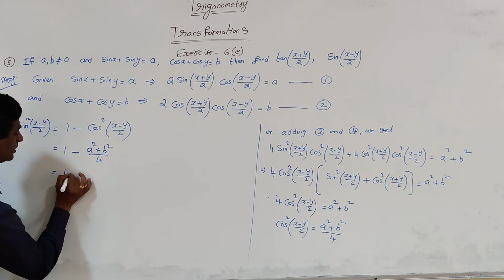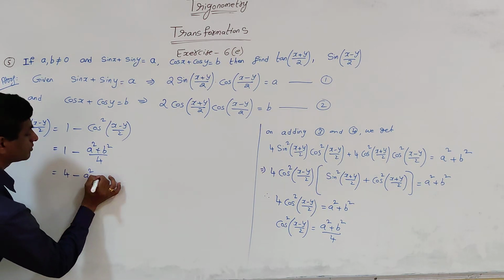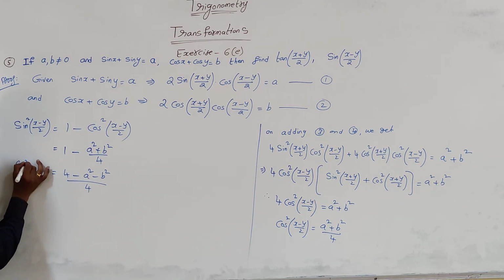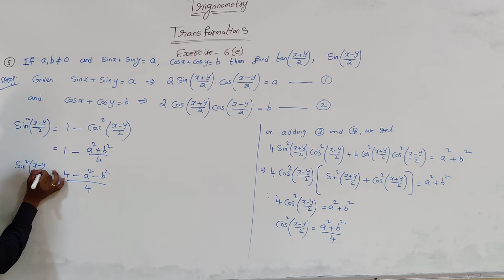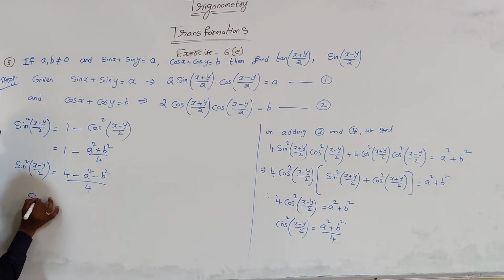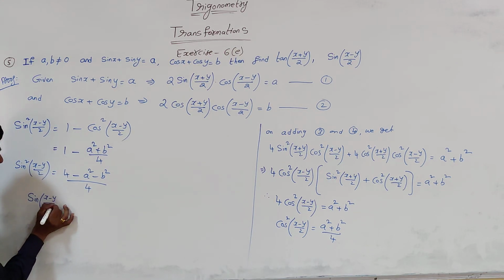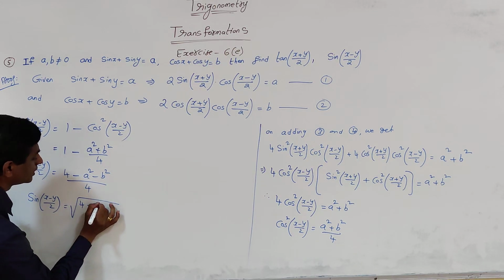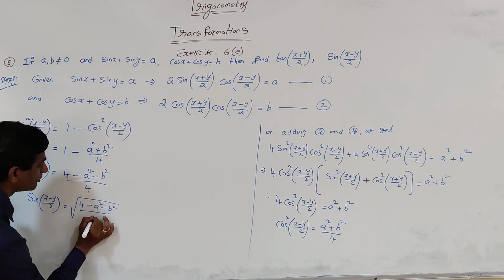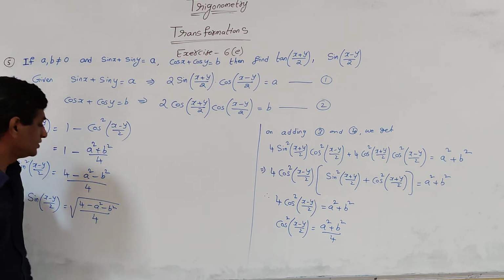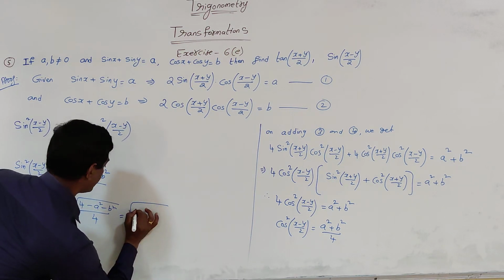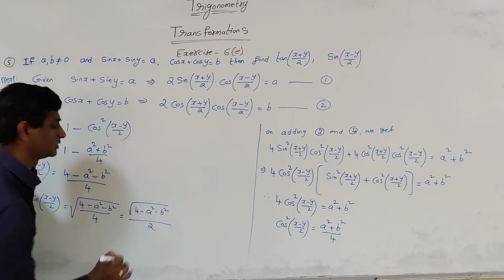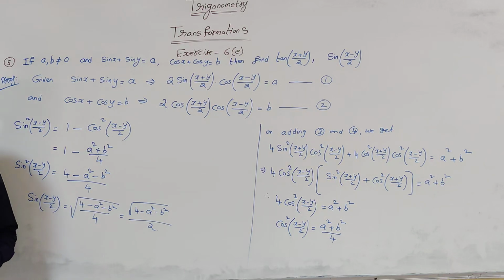If you simplify, it will be (4 minus a square minus b square) by 4, and that is the value of sin square of (x minus y) by 2. So sin of (x minus y) by 2 will be the square root of (4 minus a square minus b square) by 4, which means under root of (4 minus a square minus b square) by 2. That is the value of sin of (x minus y) by 2.